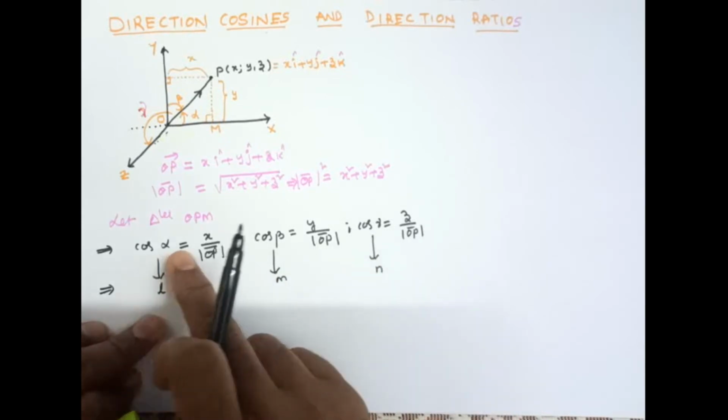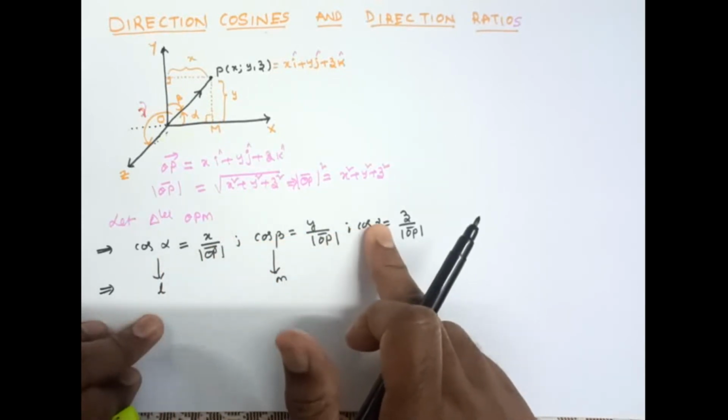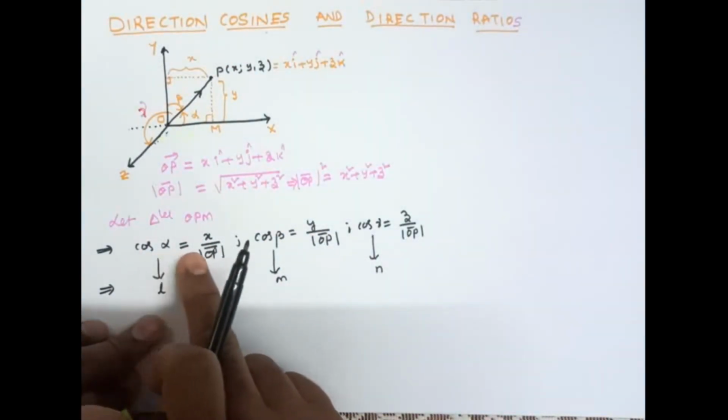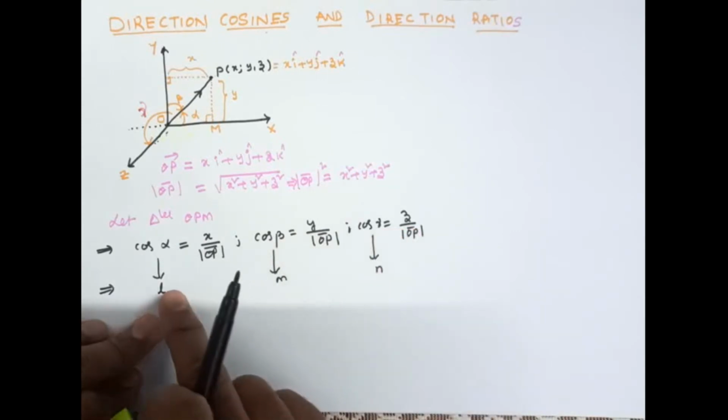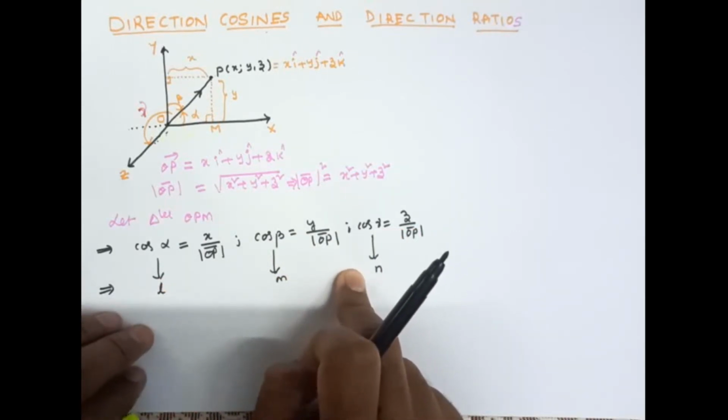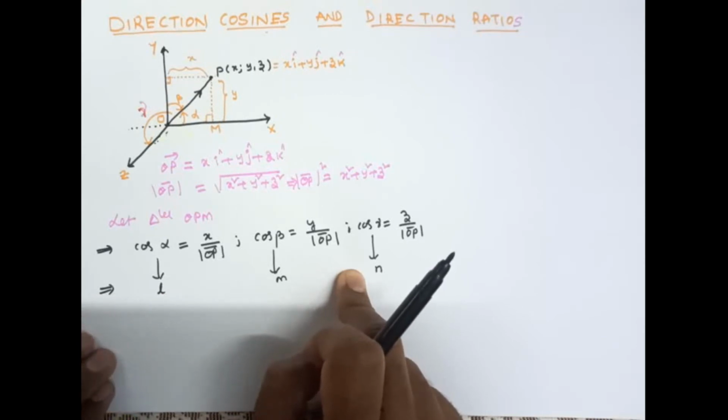These cos alpha, cos beta, cos gamma are called direction cosines. Cosine means cos, so that is a direction cosine. l, m, n are called direction cosines.